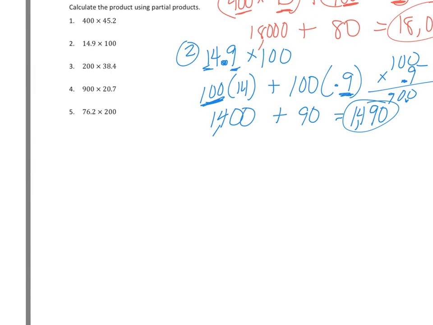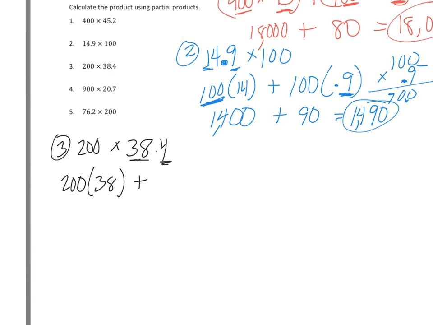Let's go to 3. And I have 200 times 38 and 4/10. And again, I'll break apart the 38 and the 4/10. So 200 times 38 plus 200 times 4/10. So for these ones, again, I like unit form with it the best. Not 200, but in 200 times 38. And I know I can do 2 times 38 to get 76.